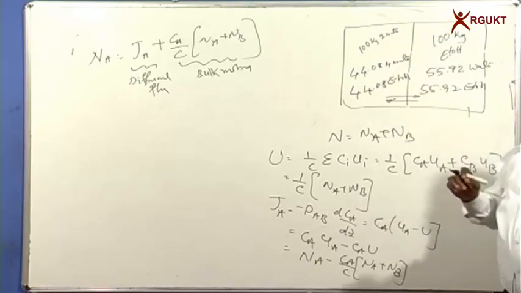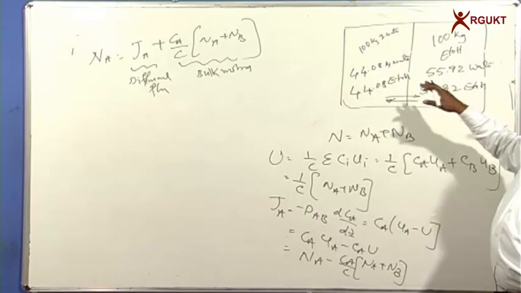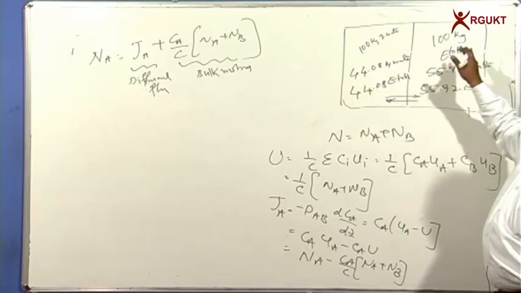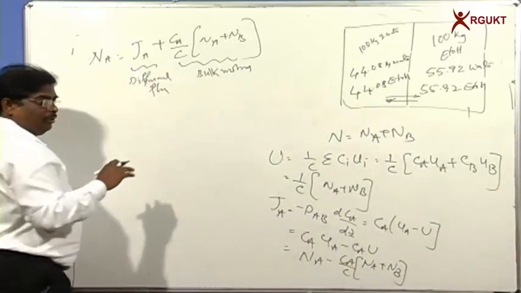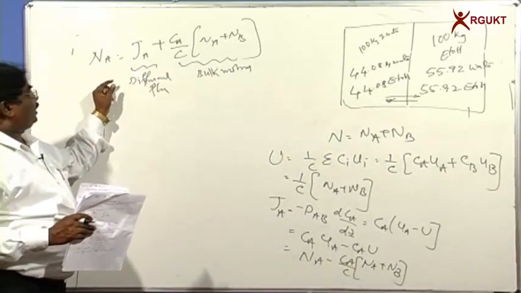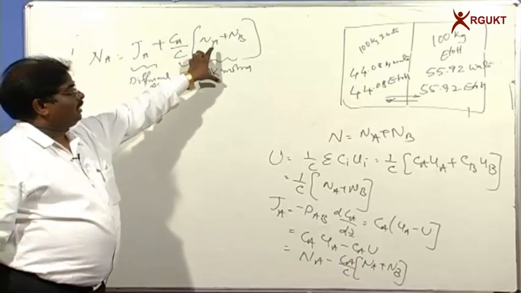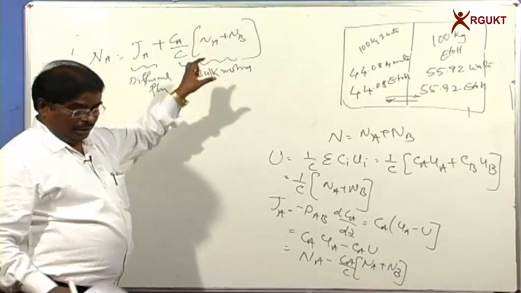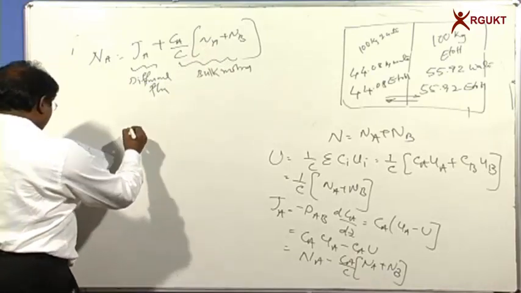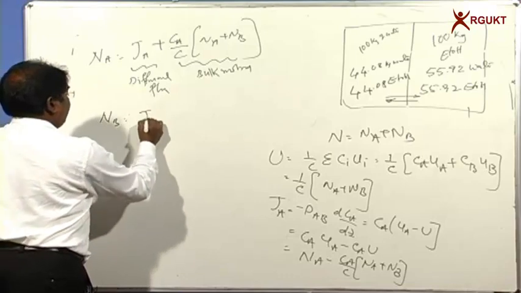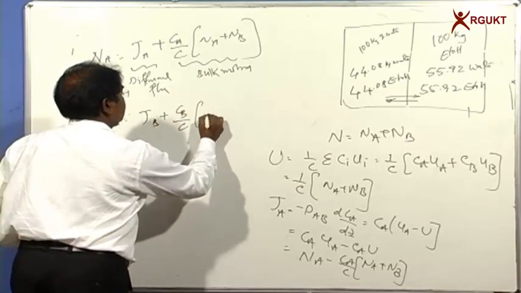At the same time there is molecular motion because of the concentration gradient. So in every case we come across two terms when calculating the total flux: the diffusion flux as well as the flux due to the bulk motion. Similarly, one can write Nb equal to Jb plus Cb by C into (Na plus Nb).